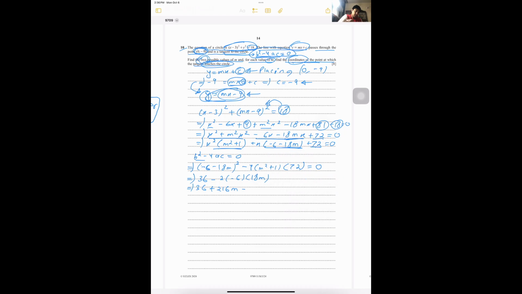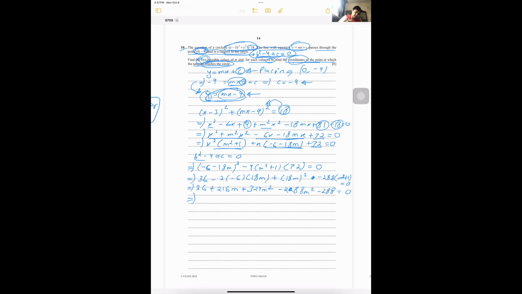So here I did not do plus 18 m squared. Then it will be minus 288 into m squared plus 1 equal to 0, plus here there will be a plus, and 18 m squared will give 324 m squared, then minus 288 m squared minus 288 equal to 0.